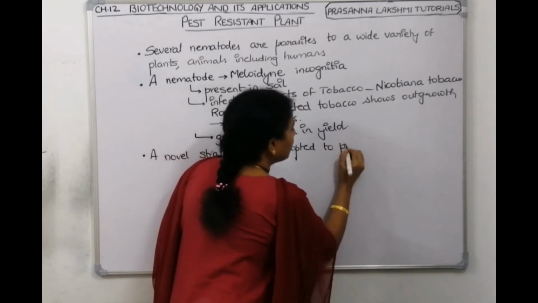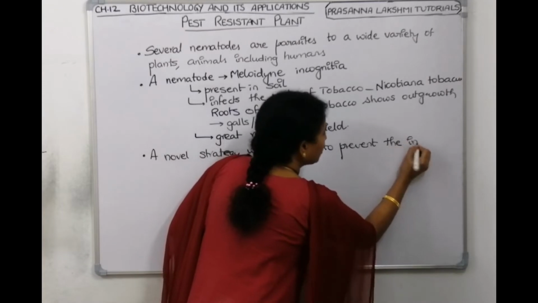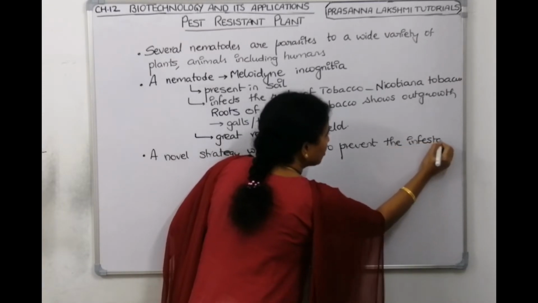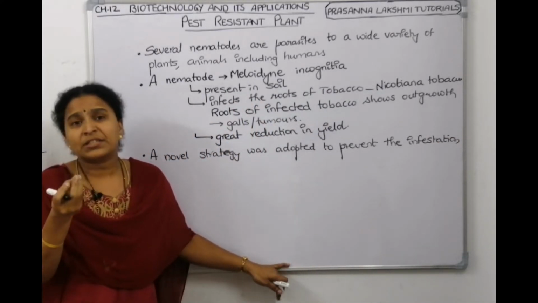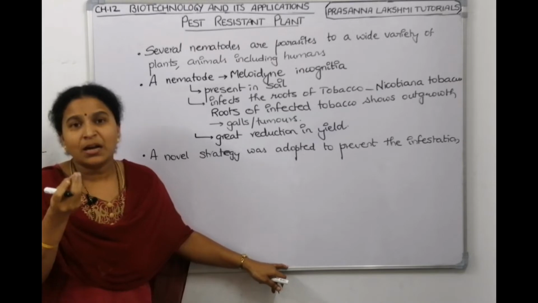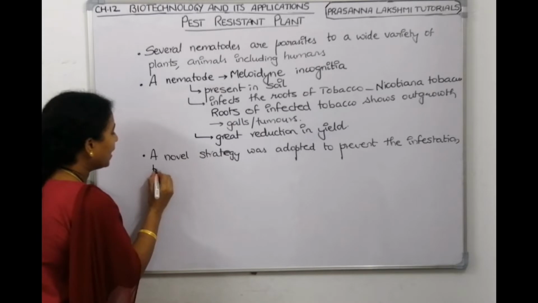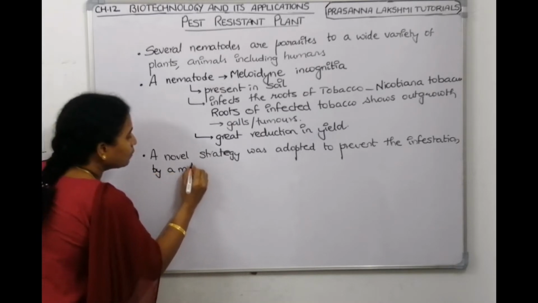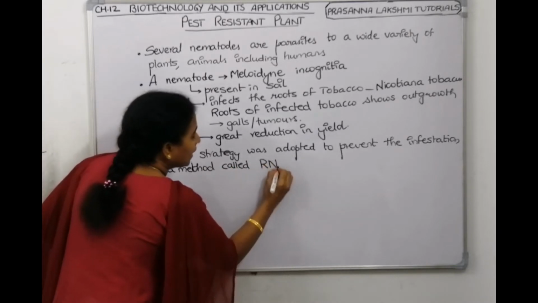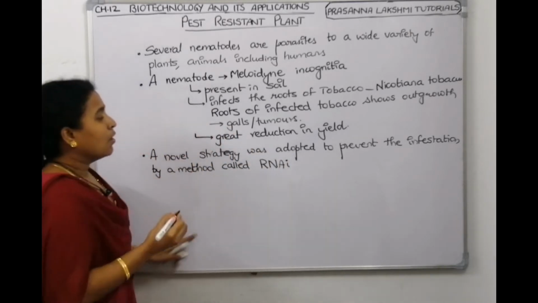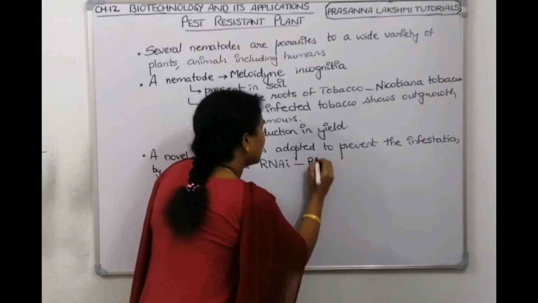What is that novel strategy? It is based on a concept called RNA interference. What is that method called? A method called RNAi. RNA interference.